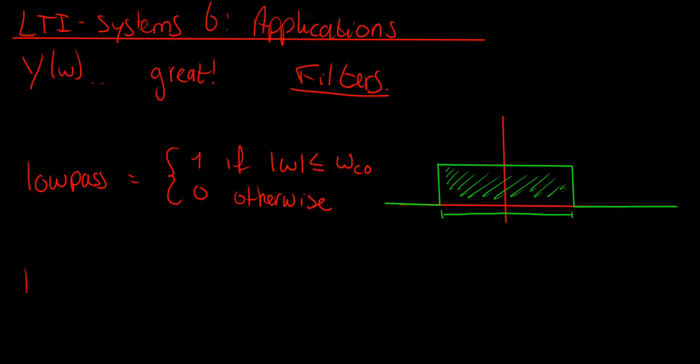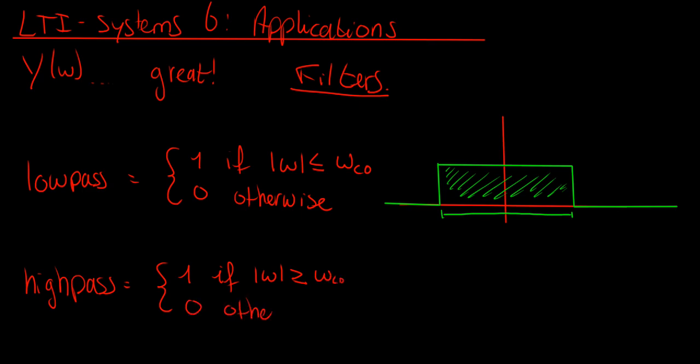After the low pass, we of course also have a high pass. And the names are actually very self-explanatory. This is a 1 if our frequency is higher than our specific cutoff frequency, and it is 0 otherwise. So before I draw this, try to draw it in your head.